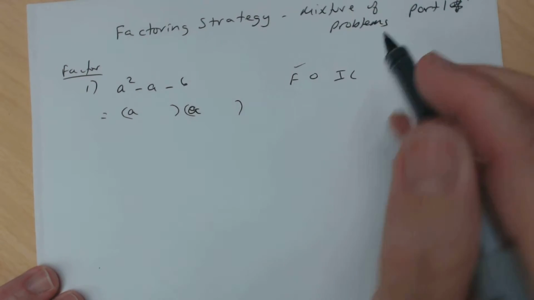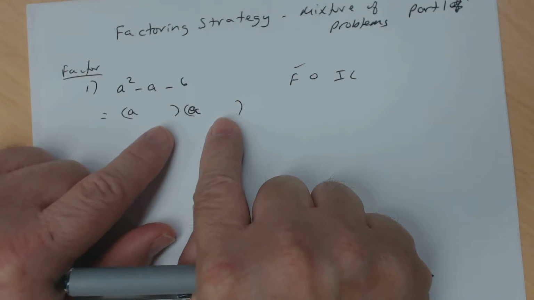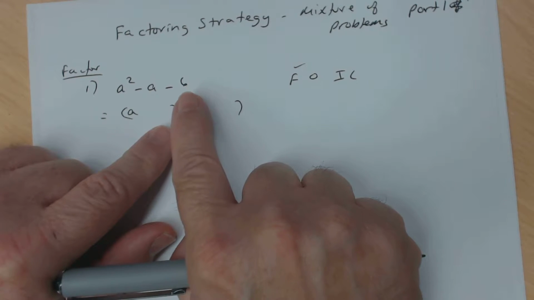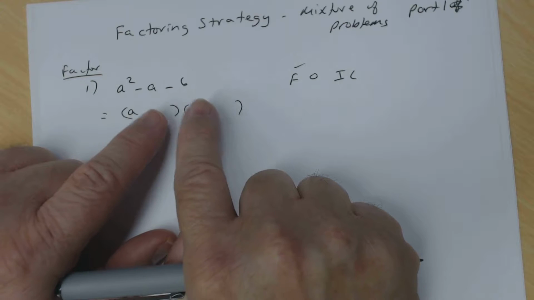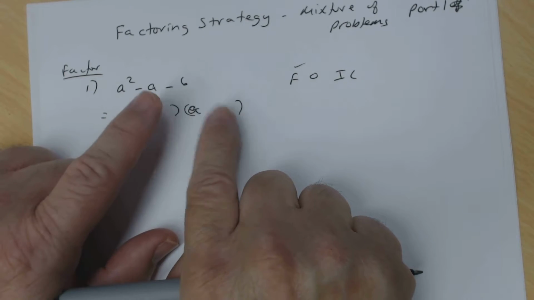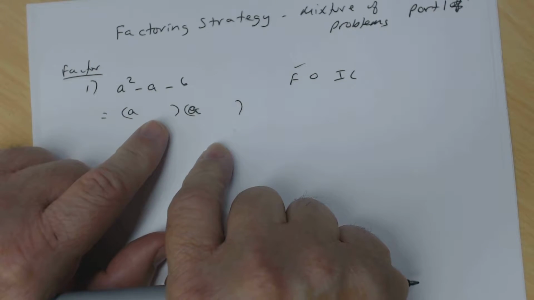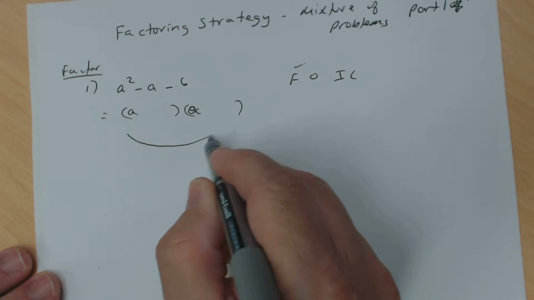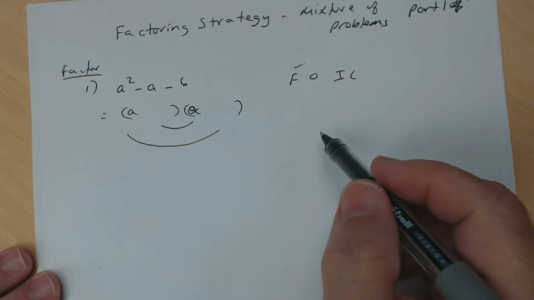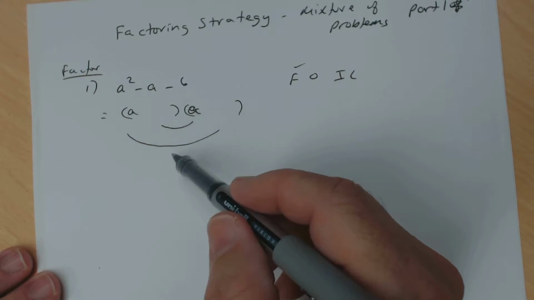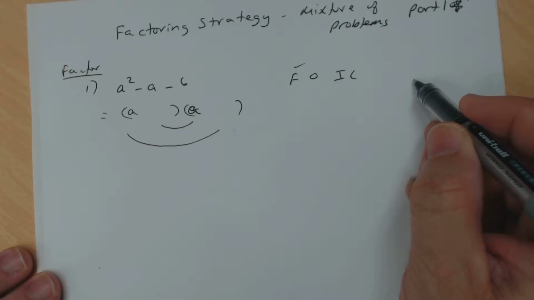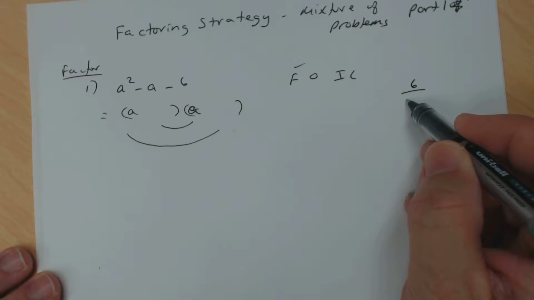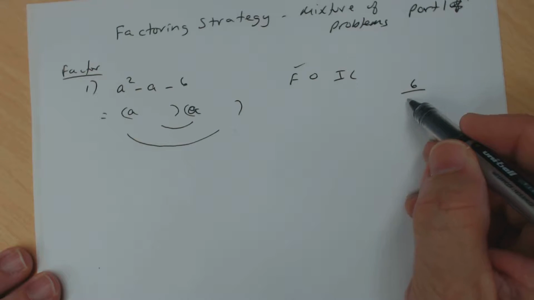And then the last, okay, you want two factors of 6, but you want this last one to be negative 6. So remember, in order to get a negative, one has to be positive, one has to be negative. All right, and so remember, the outer and the inner have to add up to be a negative a. All right, so for 6, remember there are two possibilities whose product is 6.